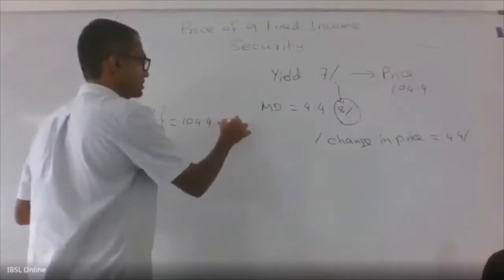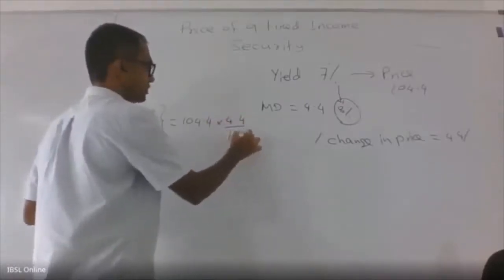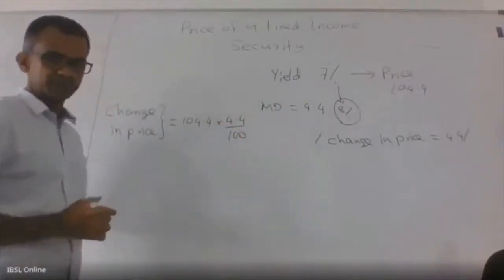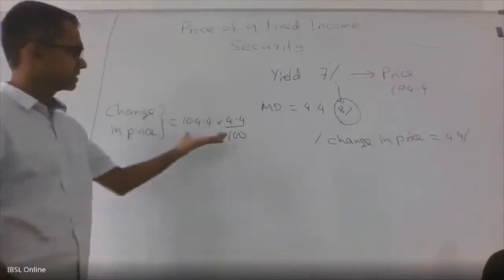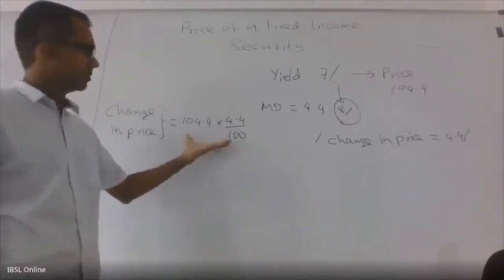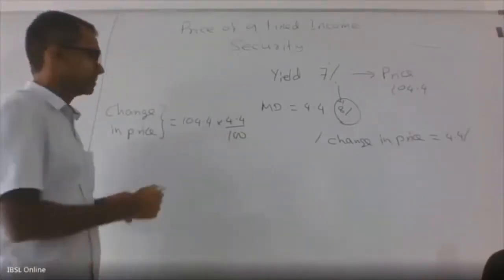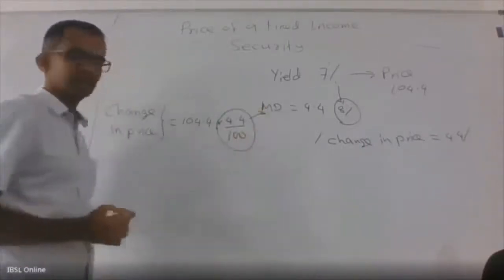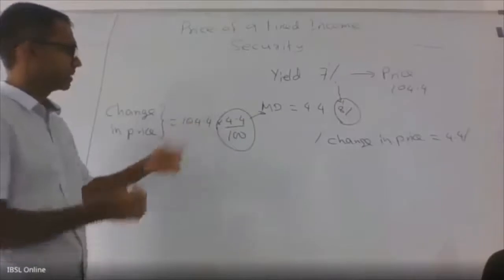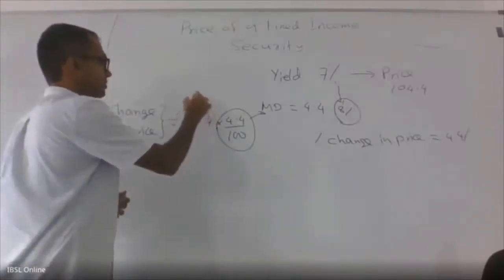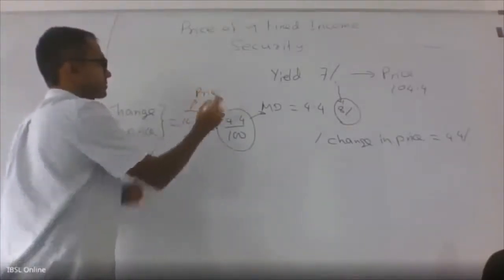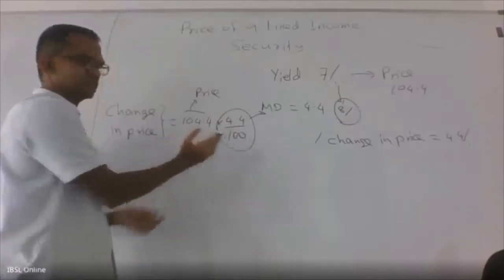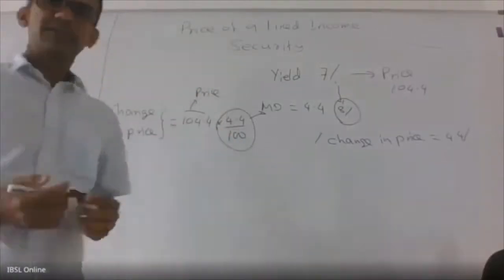So current price into 4.4%. This is just the change in price. This is the percentage change given as modified duration. This is the current price. So when you multiply these two, you get the change in price.